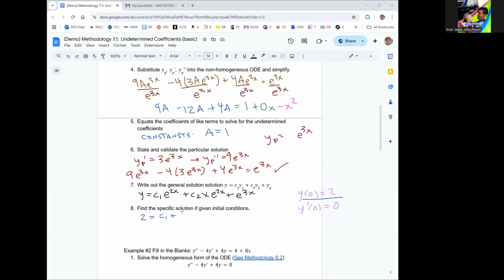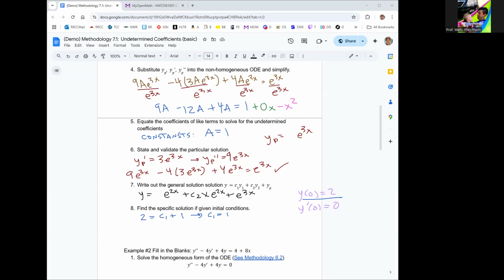So you should get c1 equal to 1 here. Now you don't always get that lucky. Sometimes you get a system of equations here as well. So now we know c1 equals 1. We can replace it with 1, which just makes it go away, right?